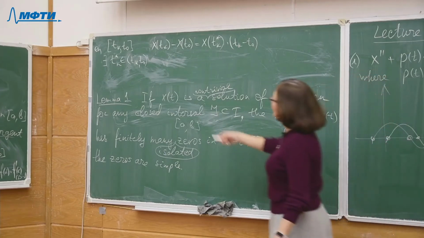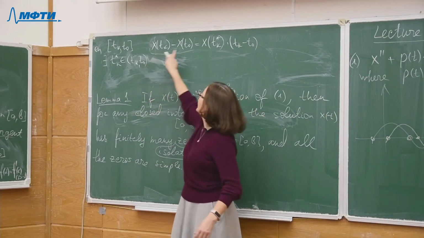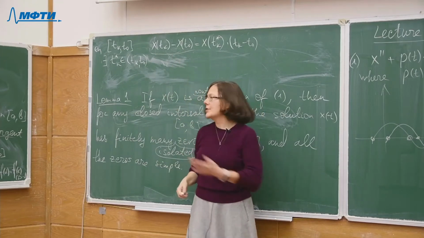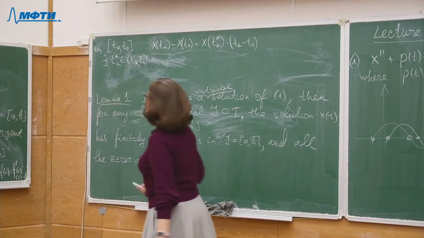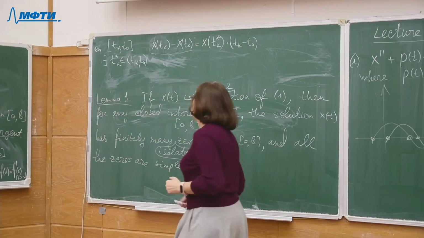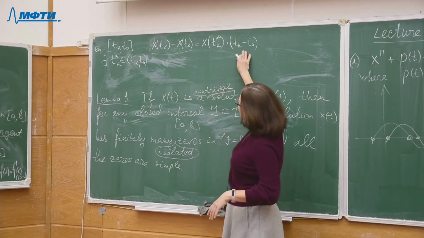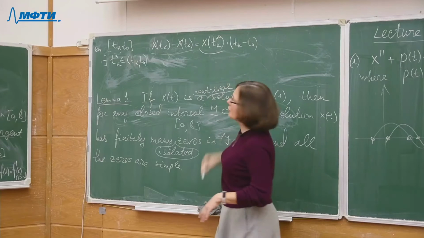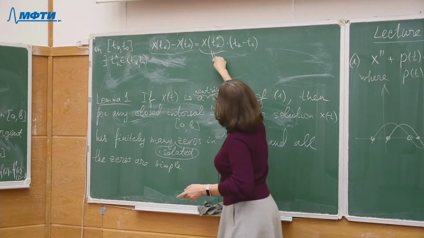But we know that x of tk is 0 and x of t0 is 0 by our assumption. So the left side is 0, but tk minus t0 is not 0, and so x prime of tk asterisk must be 0.